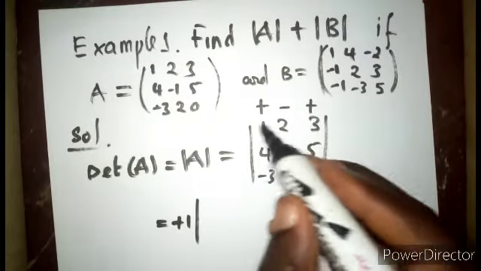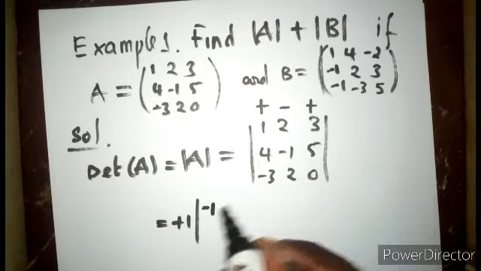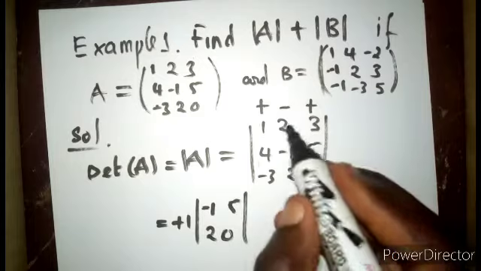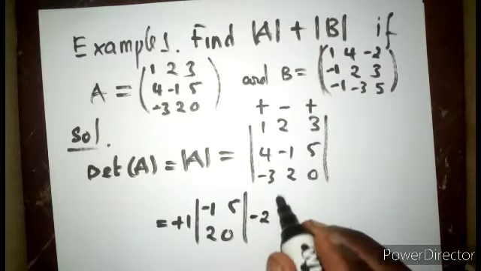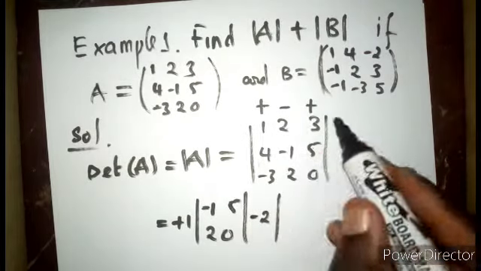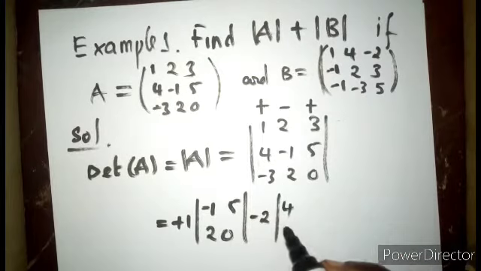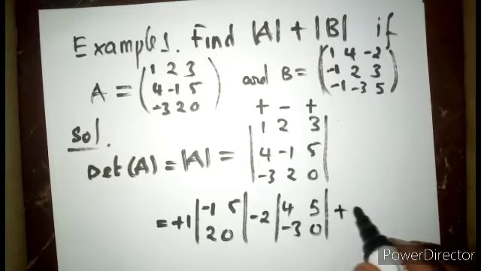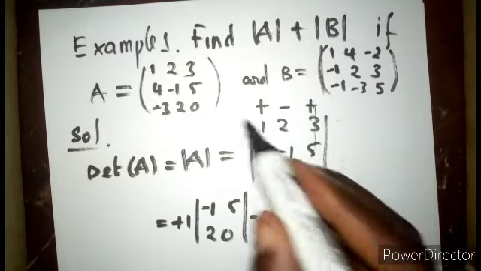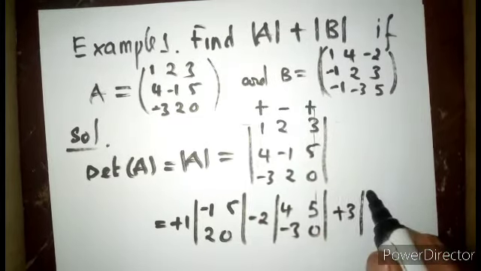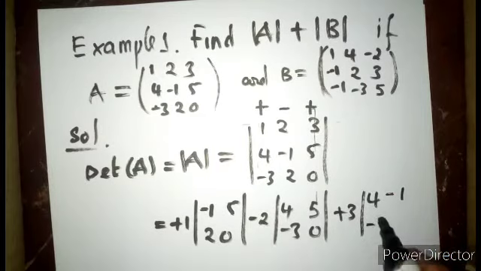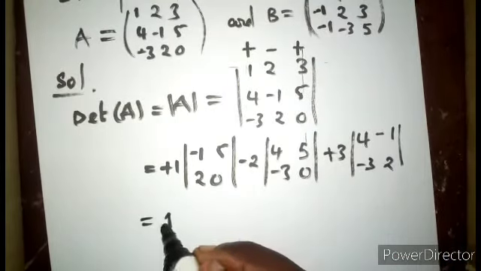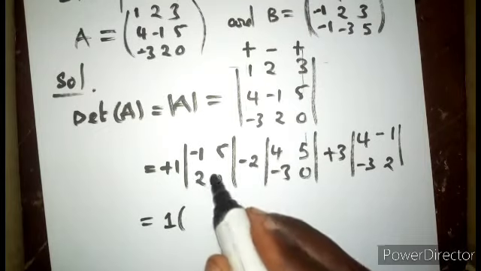You eliminate this column and this row, so we have minus 1, 5, 2, 0. Then minus 2, and we eliminate this row and column: 4, minus 3, 5, 0. Then plus 3, you eliminate this column and this row: 4, minus 1, minus 3, 2. So it drops to the determinant of a 2 by 2 matrix.